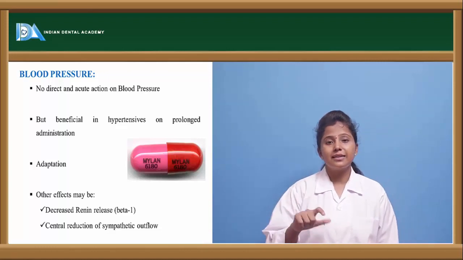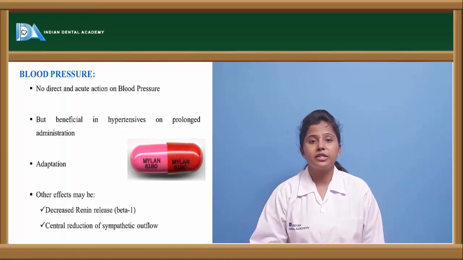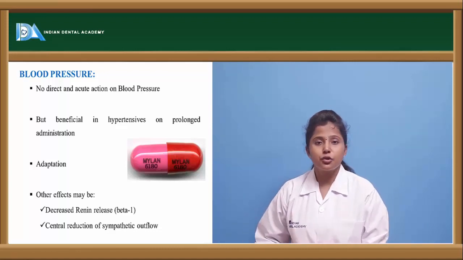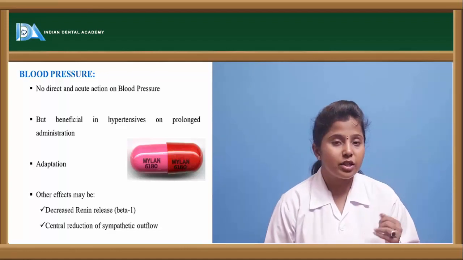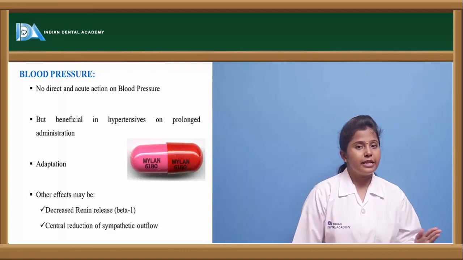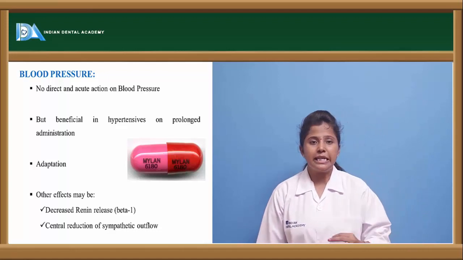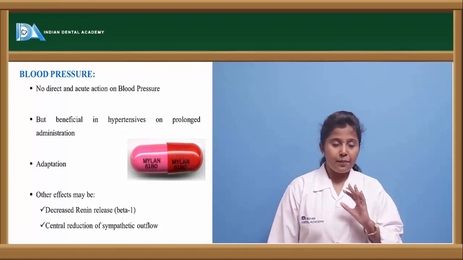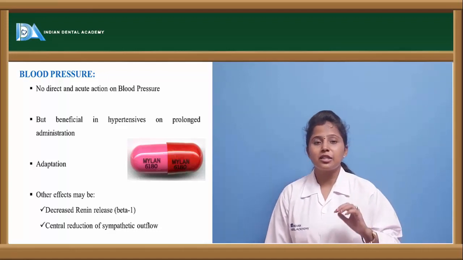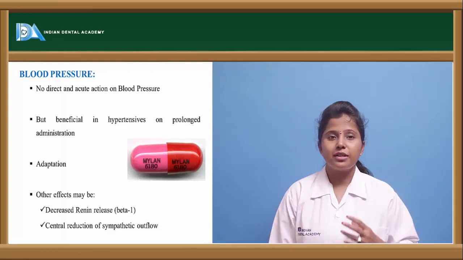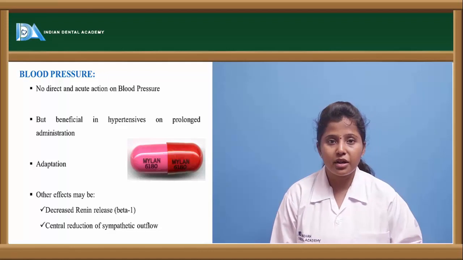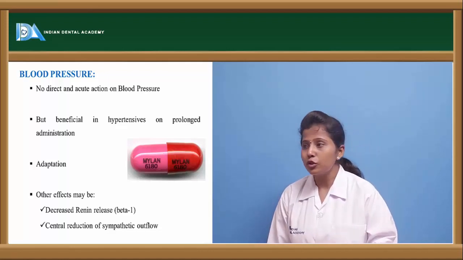So the mechanism by which the blood pressure is decreased is indirect, but it is very useful in hypertensive conditions. Whether it is direct or indirect, the ultimate result is a decrease in the blood pressure. That is the reason it is recommended in hypertensive conditions, and it causes adaptation, in the sense that the person gets used to that drug.